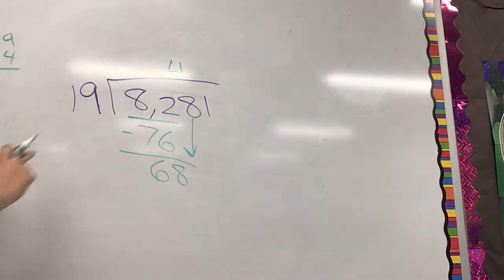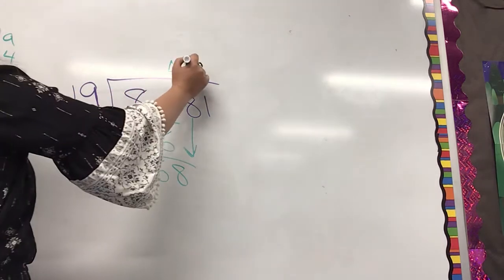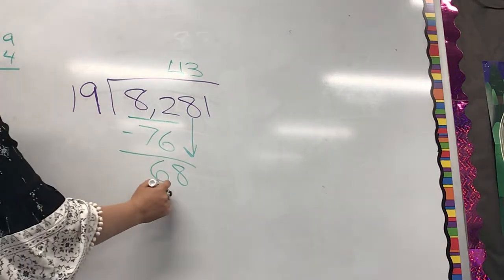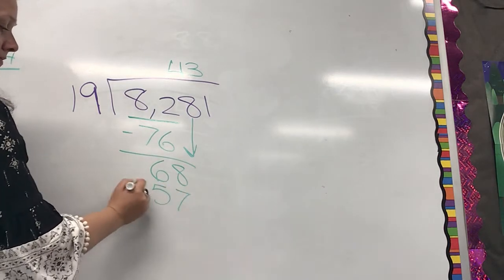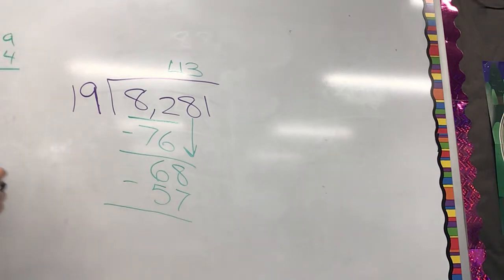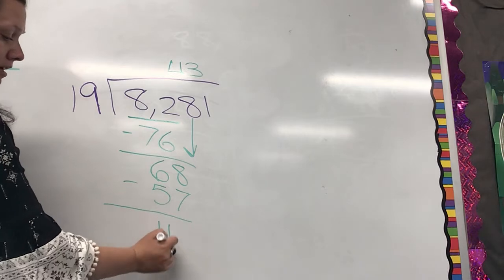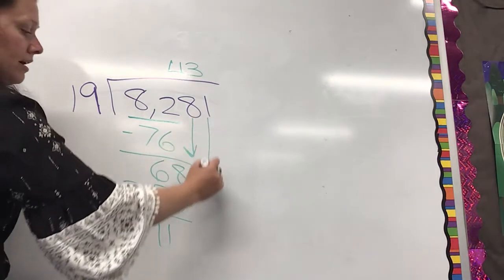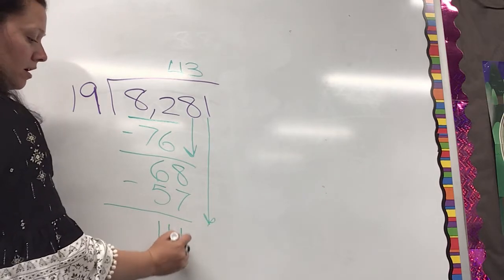What's 68 divided by 19? Very good, 3. Because what is 19 times 3? 57. When you subtract 68 minus 57, 11. I need to bring down my 1.